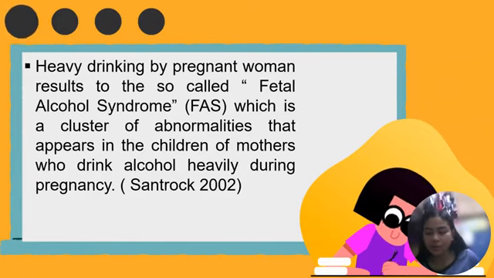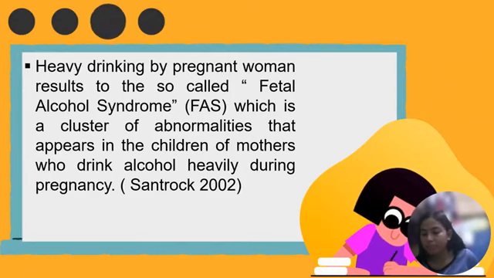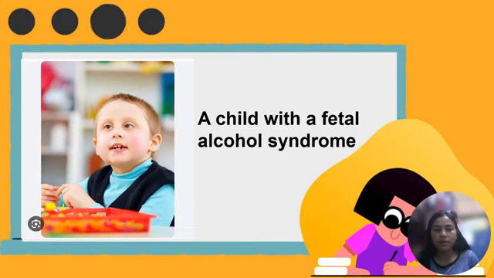So heavy drinking during pregnancy poses significant risk to the developing fetus and can result in a condition known as fetal alcohol spectrum disorder or FASD. When a pregnant woman consumes large amounts of alcohol, it can cross the placenta and negatively impact the developing baby's brain and organs. So this picture is an example of a child with fetal alcohol syndrome.